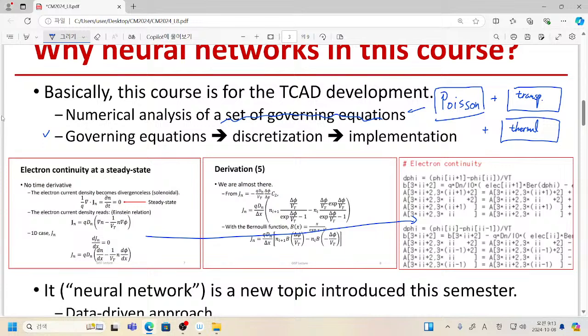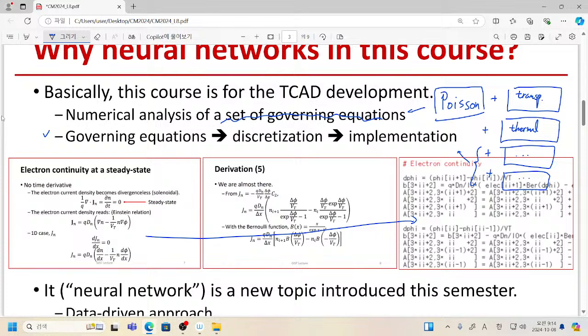If we go even further, for example, if you are talking about a new device using ferroelectricity, then you also have to include equations for determining the polarization of your ferroelectric material.